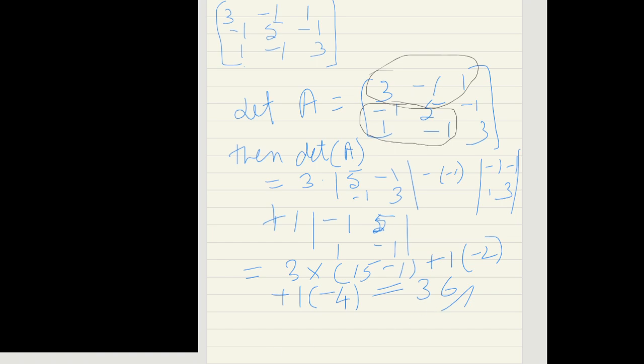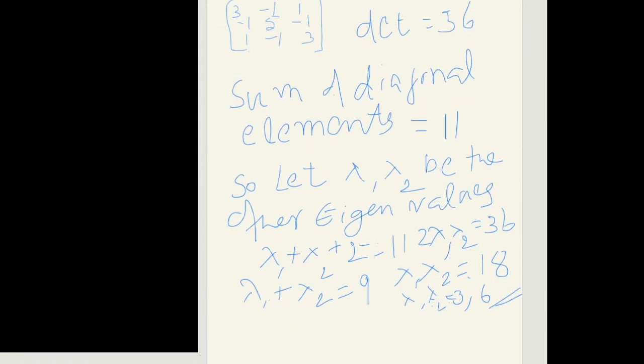Now we have the matrix, we know the determinant is 36, and the sum of the diagonal elements is 3 plus 5 plus 3, which is 11.